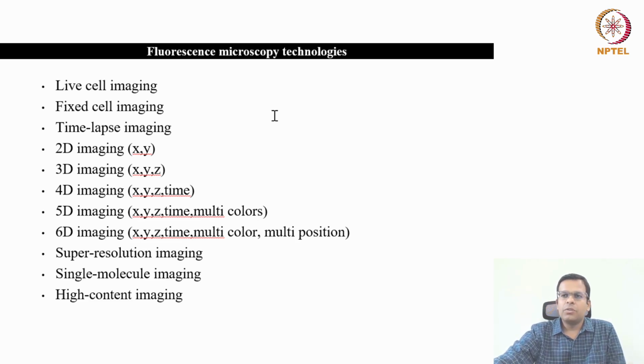Even though you may have access to a highly sophisticated microscope, maybe a super resolution microscope, that doesn't mean you will use super resolution for all your applications, because for some of them you do not need to resolve that much. Instead, some other information is more important. So let us discuss how to decide the best imaging technology for your experiment.